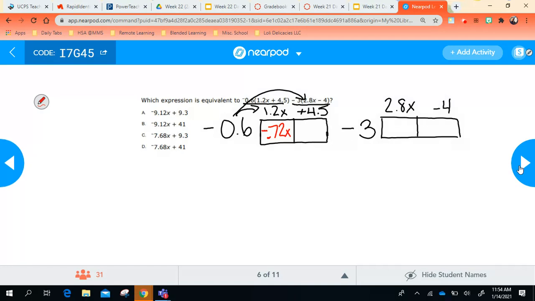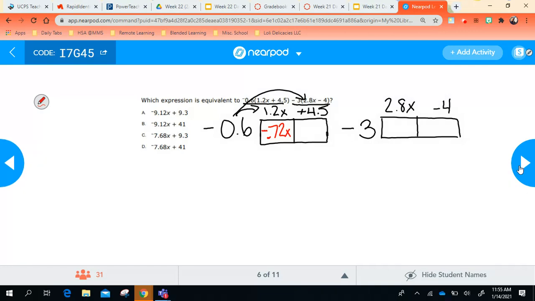So now negative 0.6 times positive 4.5. Now what does that give us? Emmanuel, negative 0.6 times 4.5. What does it give us? I gave you guys the option.